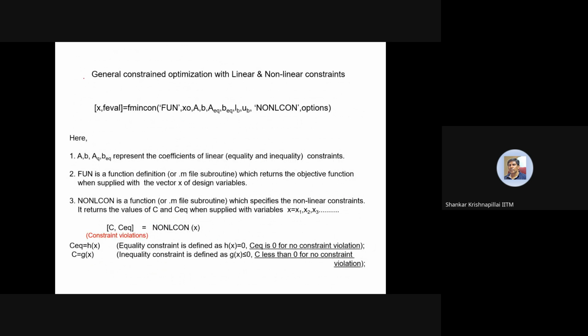Okay. This one, general constraint optimization using linear and non-linear constraints. So this is a very useful subroutine for practicing engineers. Okay. So how does this work? So fmincon. Okay, that is the name of this subroutine.